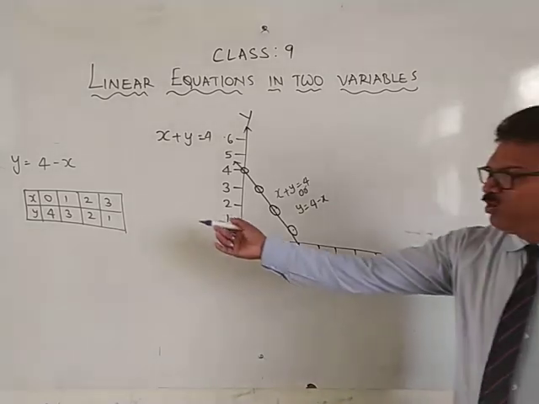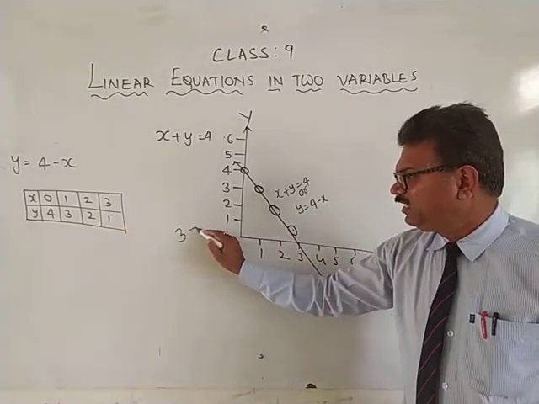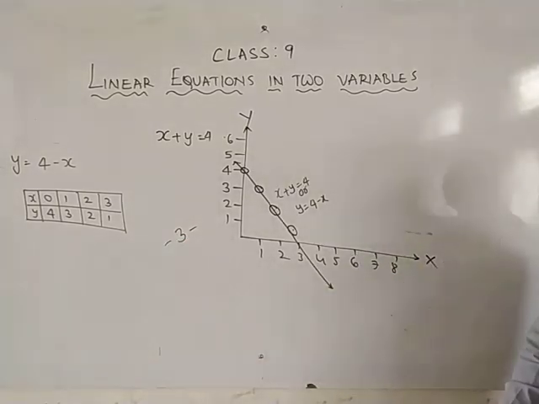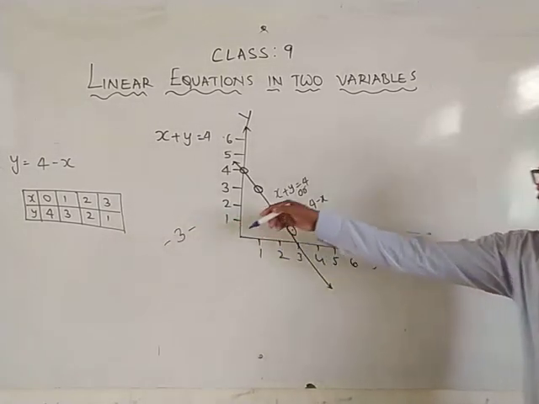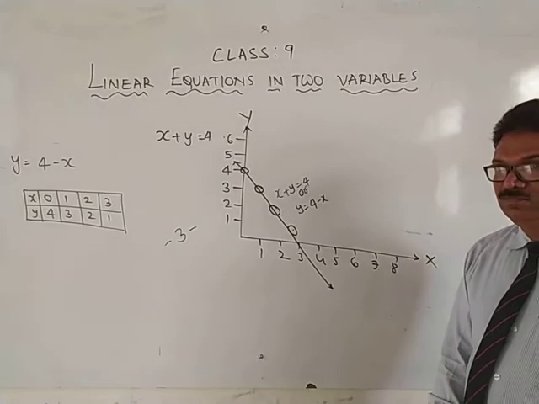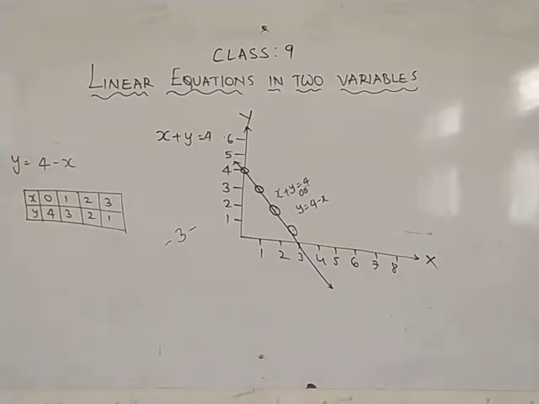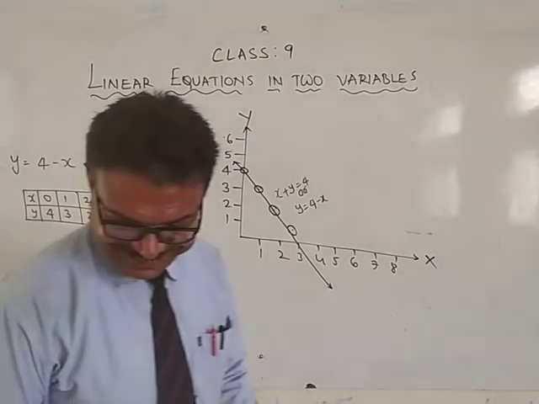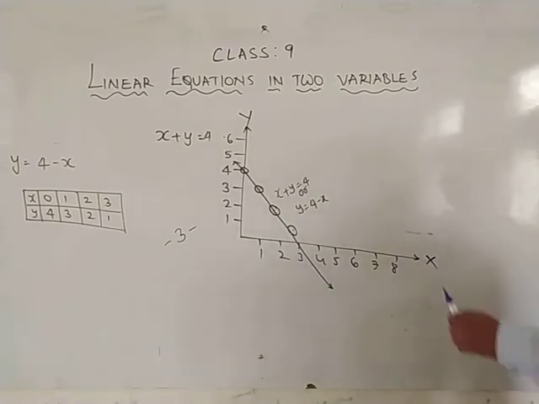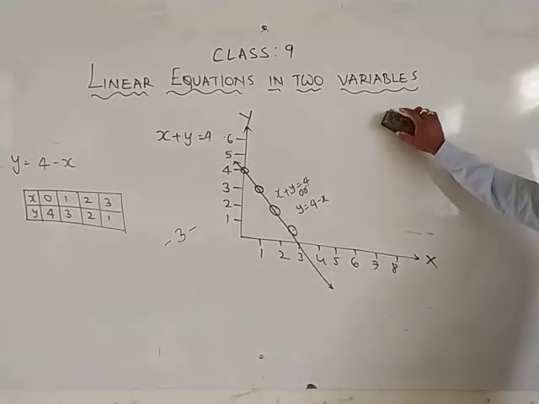So if you draw the points, 4 points, and draw the line like this, you will get 3 marks. 1.5 for this and 1.5 for this. I hope you understood this question.